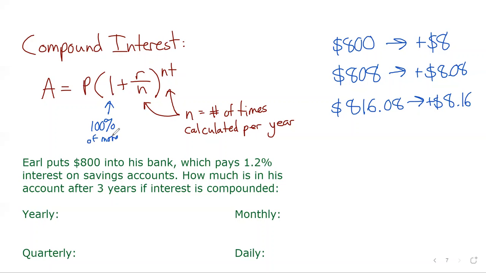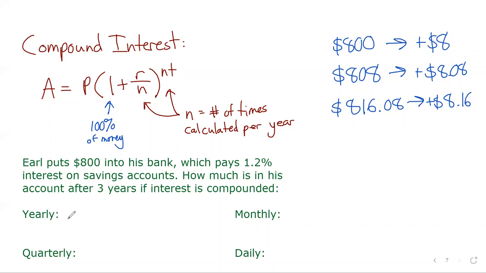And what you're also going to have is not just 100% of your money, but also the little bit that you get based on the interest rate. Now, let's say that on this question, we have that same 1.2% interest rate. Let's just start with yearly, and then we'll come back and look at some of this other stuff.